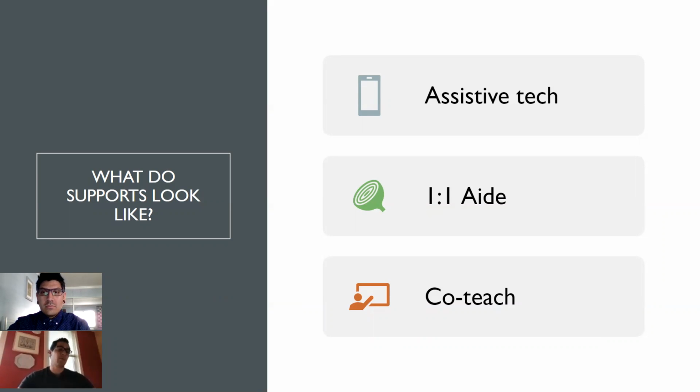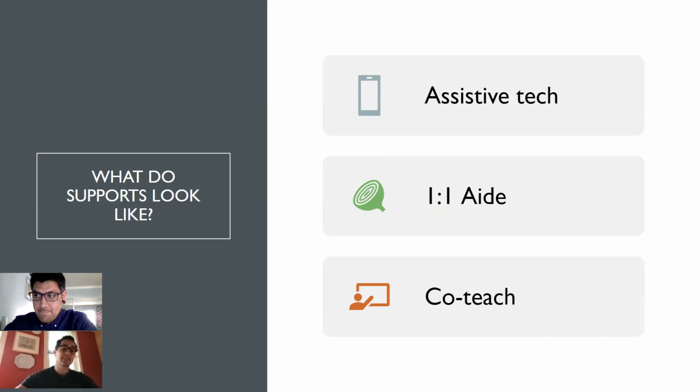This could be a one-on-one instructional aide that could help them with their organization, help them with their instruction, their content that they're receiving from their teacher. Or this could be a behavioral aide. Just like in the name, it will be focusing on more behavioral management skills, things that will help that student, again, be more successful in the inclusion setting.